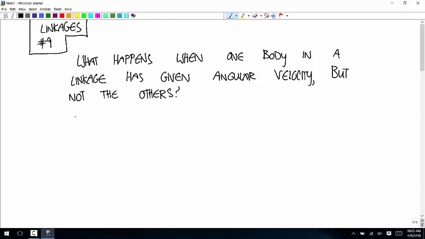Well, the angular velocities of bodies in a linkage are not always, but sometimes related.